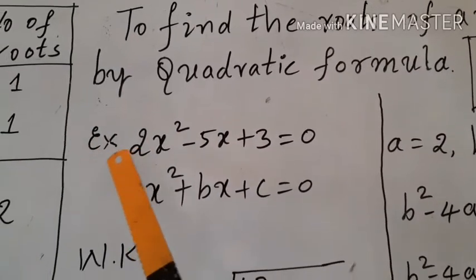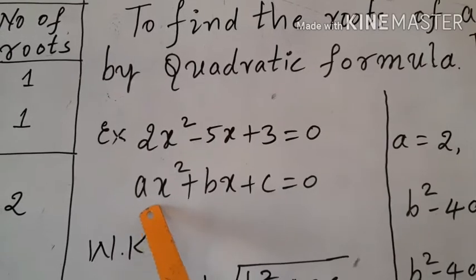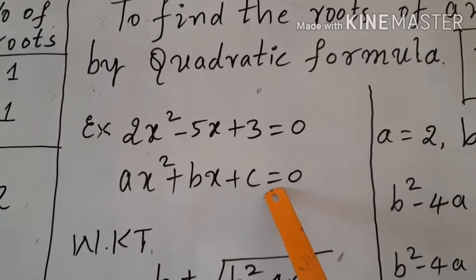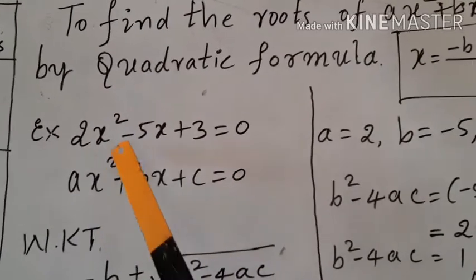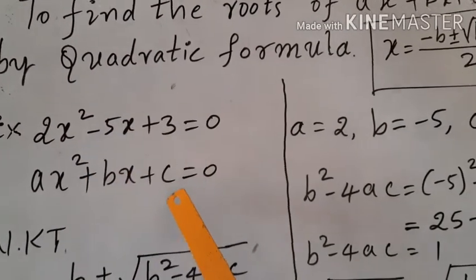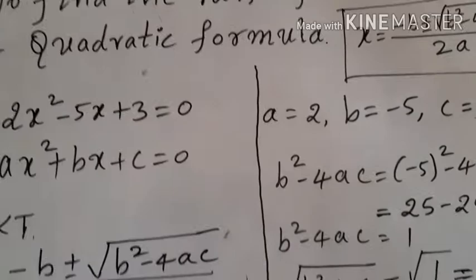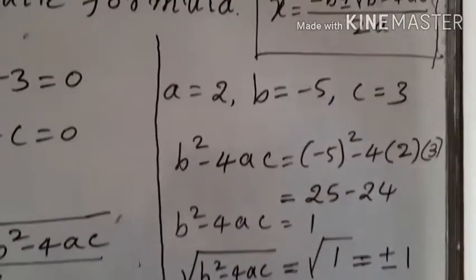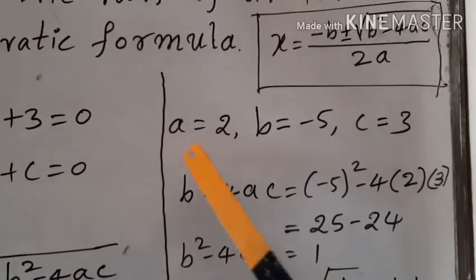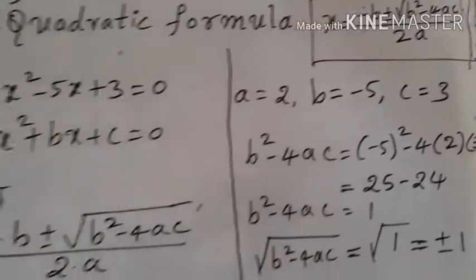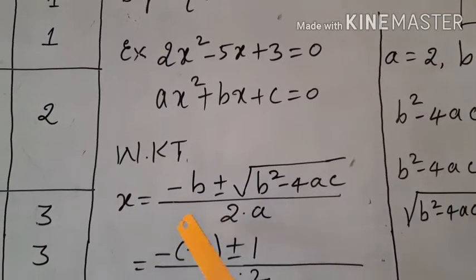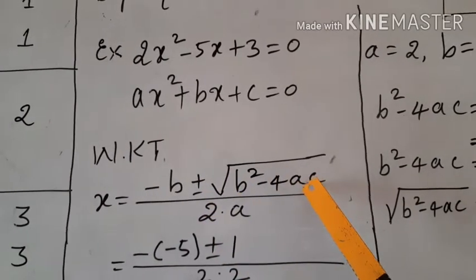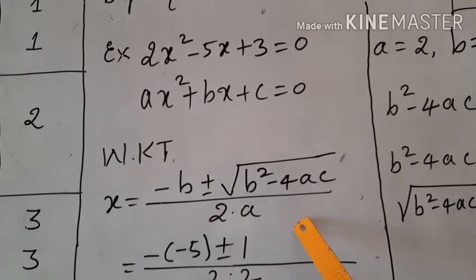Compare this quadratic equation with the standard form ax square plus bx plus c equal to 0, where a is 2, b is minus 5 and c is plus 3. So I got the values of a, b, c, and we know that the quadratic formula is x equal to minus b plus or minus root b square minus 4ac upon 2a.